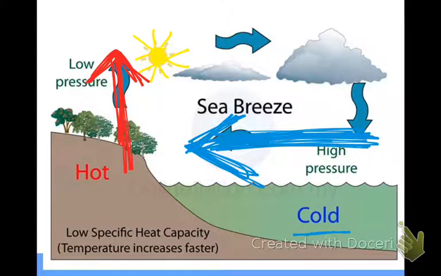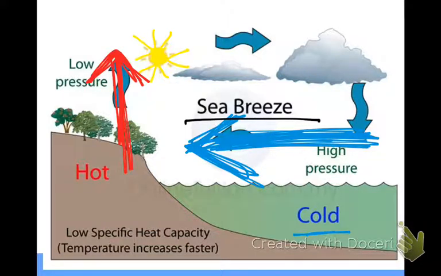So really all you need to draw is the island, and then you need to draw the arrows like I am doing. So you have the daytime, the land, you have warm air rising, cold air moving in to take its place. Now this is what we call a sea breeze, and make sure that you do write that down, a sea breeze.